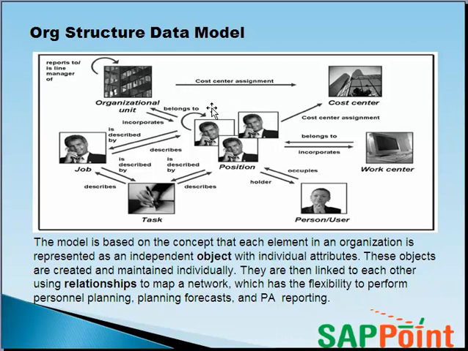Once these objects are created, they are then linked to each other using relationships to map a network which has the flexibility to perform personnel planning, personnel forecasts, and reporting.